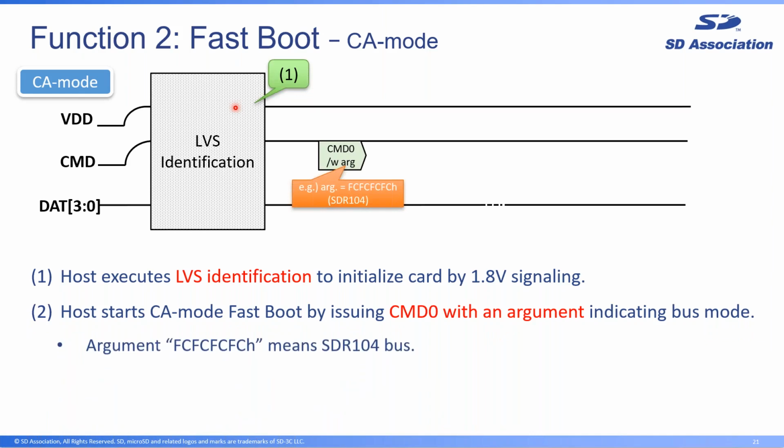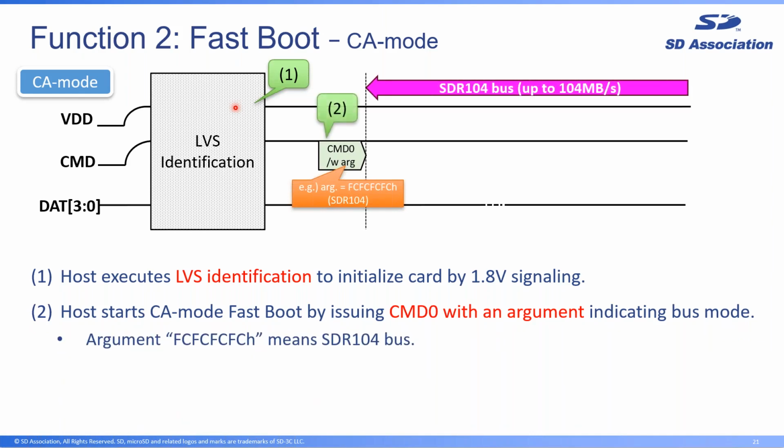Second, after completing the LVS identification, the host issues command 0 with a non-zero argument to start CA mode fast boot. The argument specifies the bus mode during fast boot. For example, if its value is FC FC FC in hexadecimal, it means the bus mode for fast boot is SDR104.